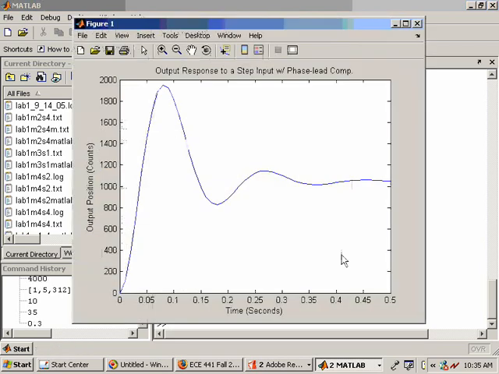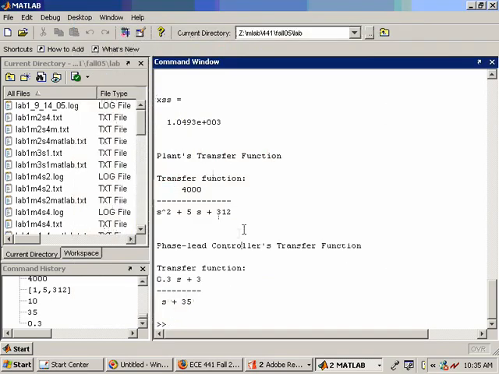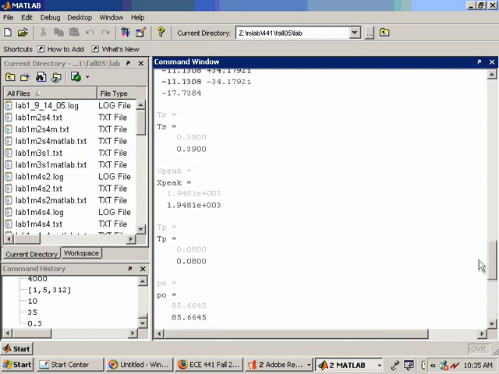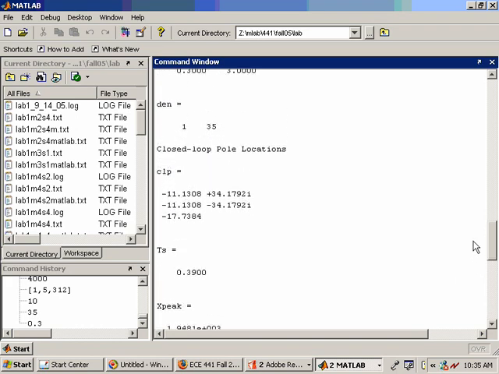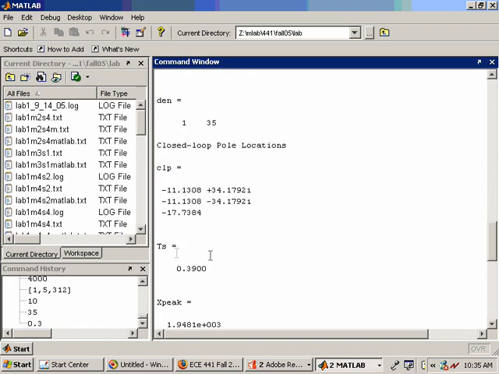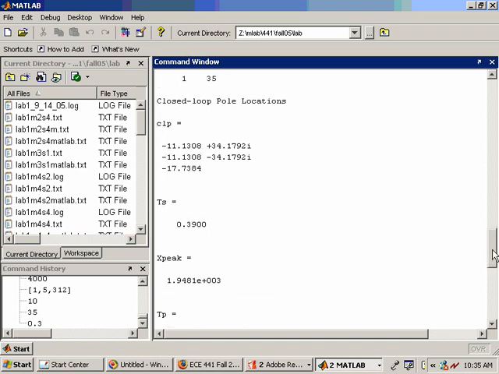And we have now calculated not only the resulting step response, but also the plant's transfer function, the phase lead controller transfer function, and the closed loop poles. We've calculated the settling time. Again, this is all within P lead of 0.39.